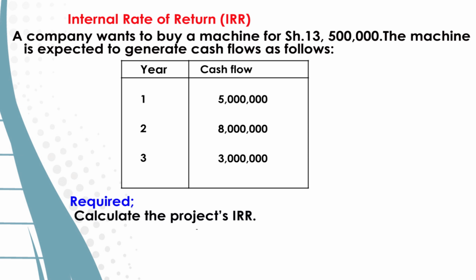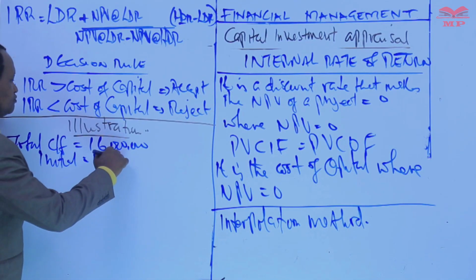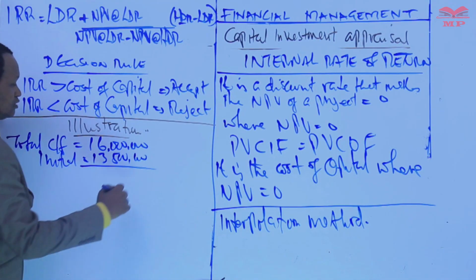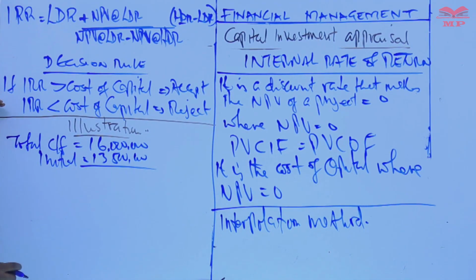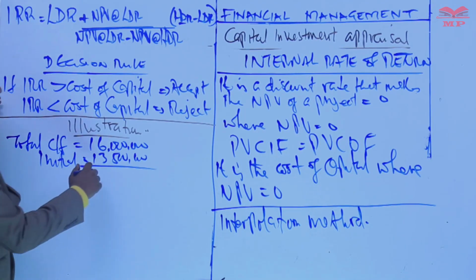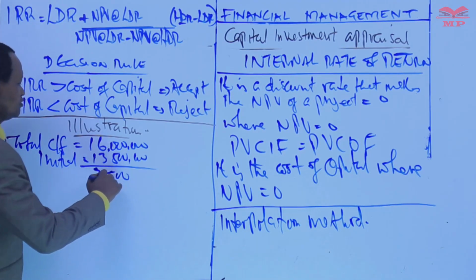Then if you are to deduct the initial investment, the initial investment is 13.5 million. So the difference is 2.5 million.